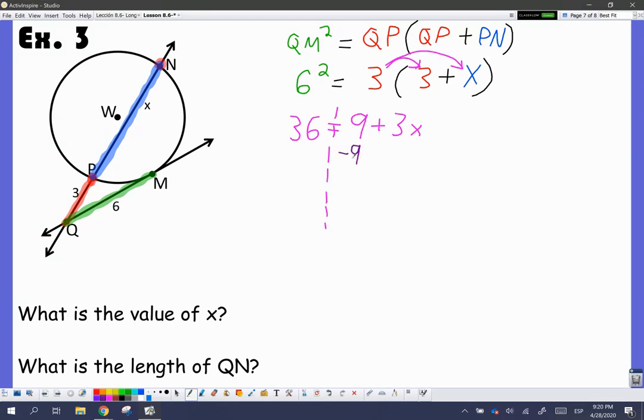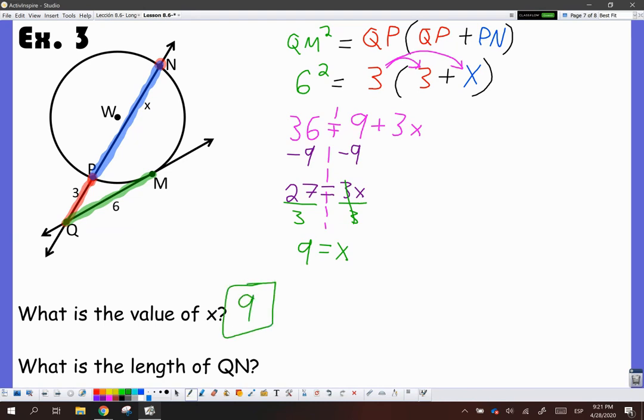Since it's positive 9, I subtract 9 from both sides, and that's going to give me 27 over here. And on the right-hand side, I'm only left with 3x. And so the next thing is to divide both sides by that 3 to cancel that out. And so x is equal to 9. The value of x here is 9.